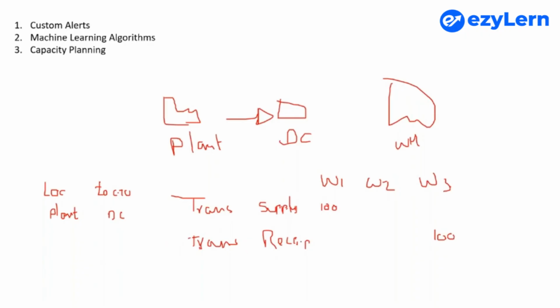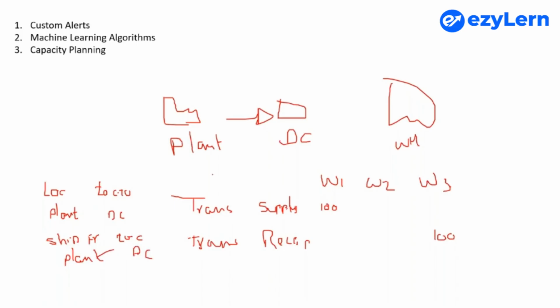So coming back to transport receipts, this is from a receiving location perspective. So here I'll have the location ID and then the ship from. Ship from is the plant, location ID here is DC.